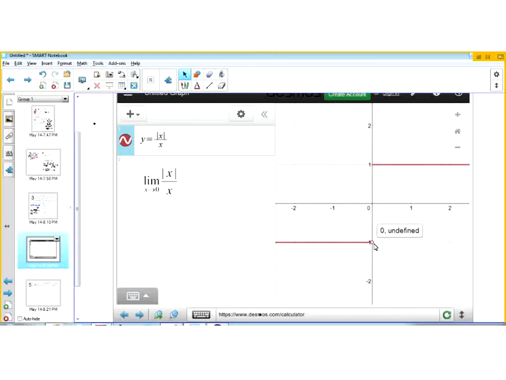And of course, when we have x equals 0, it's undefined, right? Oh, by the way, this is an example of an indeterminate form, a 0 over 0 case, which does not resolve into a limit, and the reason is because of the absolute value, of course.